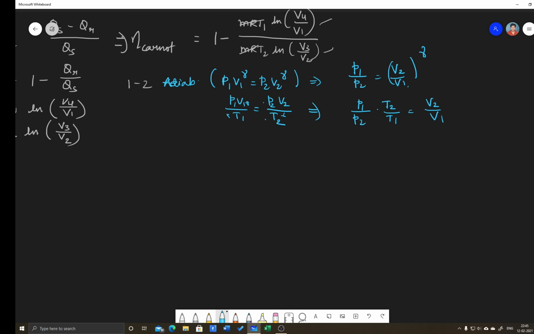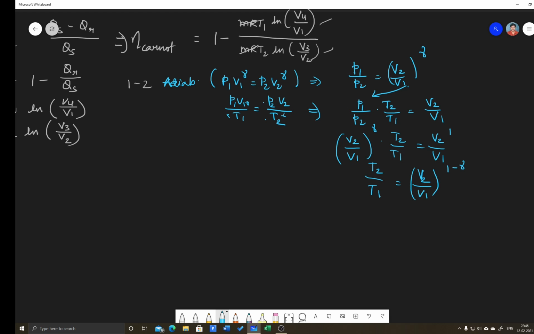If you substitute this here, it becomes V2 by V1 whole power gamma multiplied by T2 by T1. So finally T2 by T1 becomes V2 by V1 whole power 1 minus gamma.